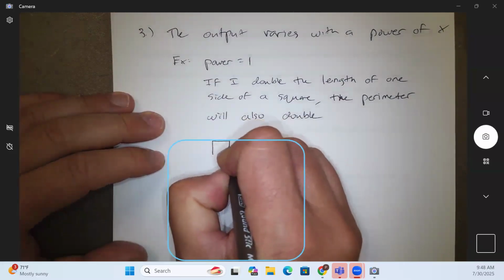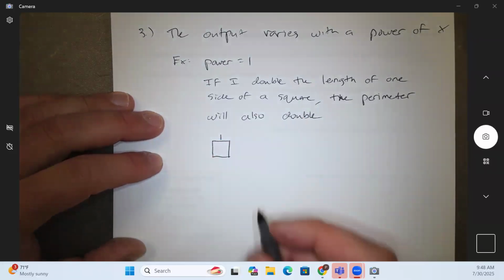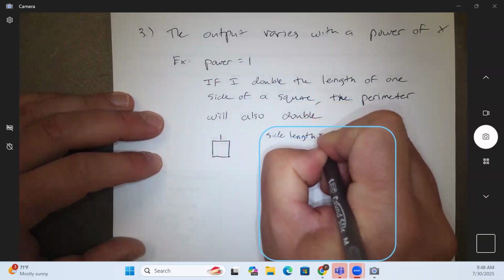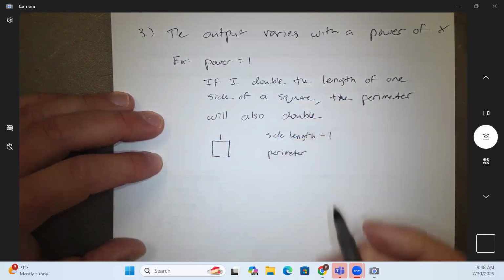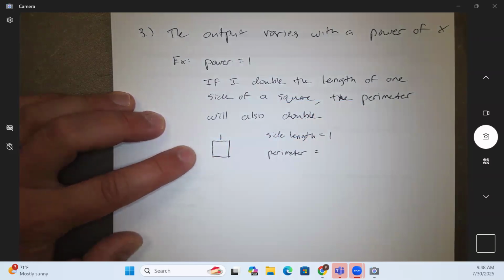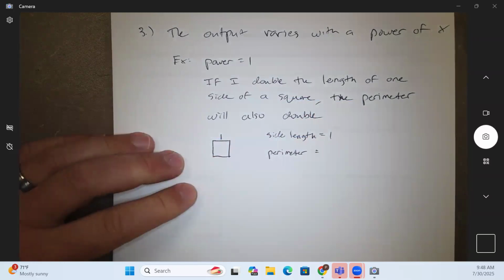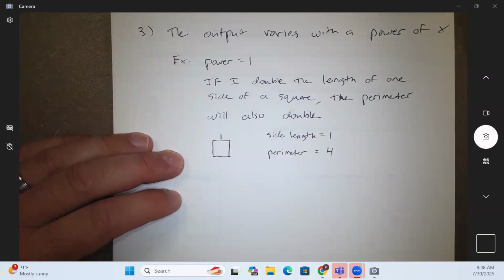So here's a square, side length is 1. What's the perimeter? Yeah, it's the distance around the outside, which is 4: 1 plus 1 plus 1 plus 1.